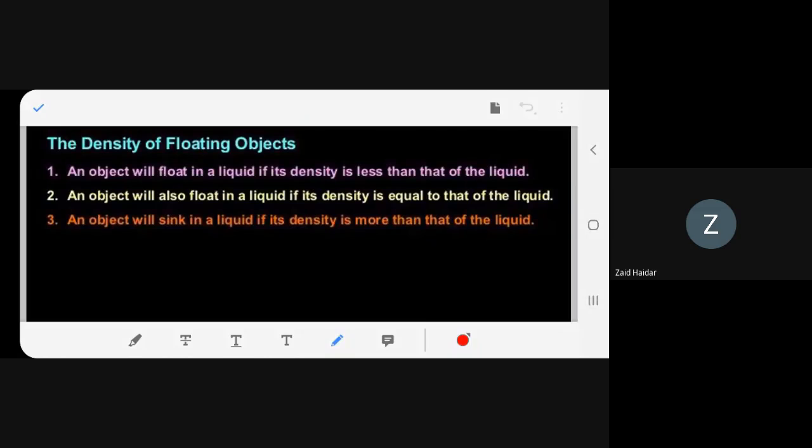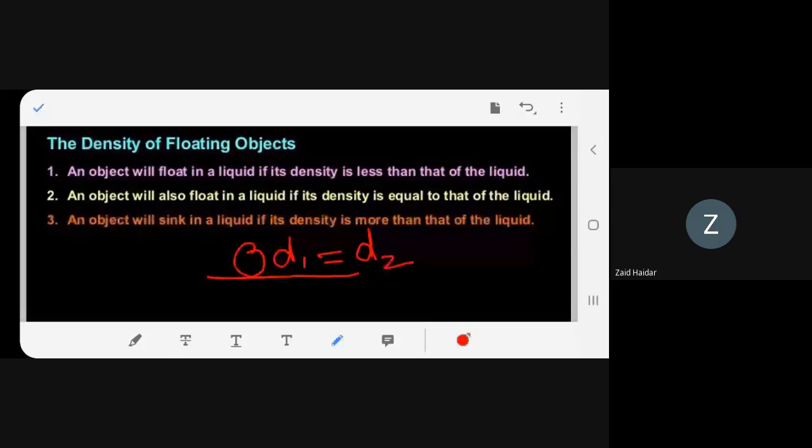Take the second instance. If the density of the object D1 is equal to D2, that is water, then also it will float.